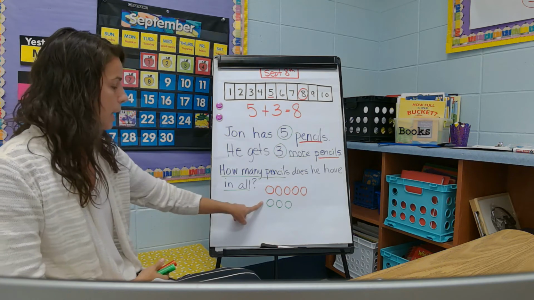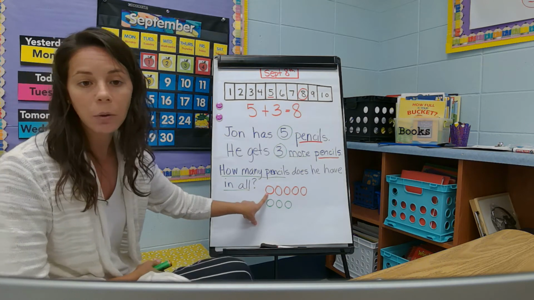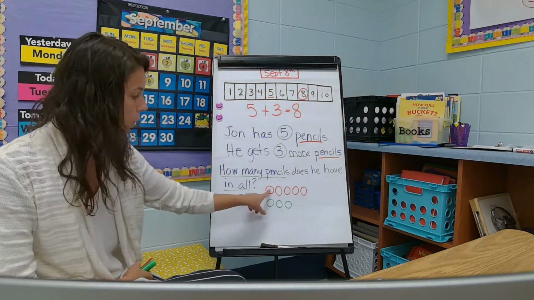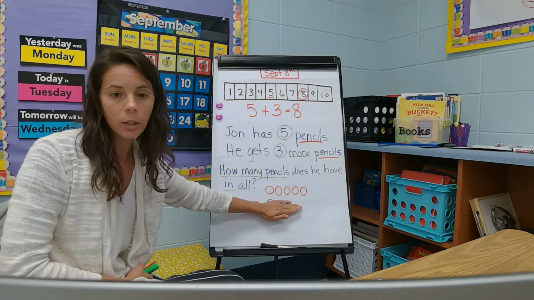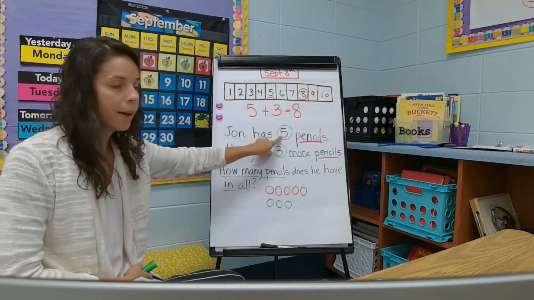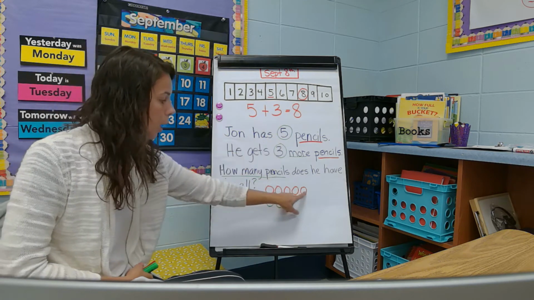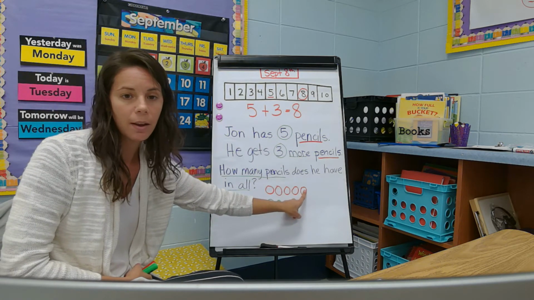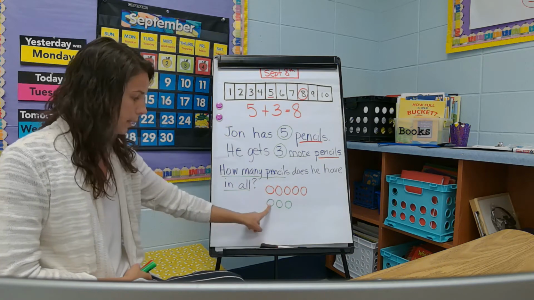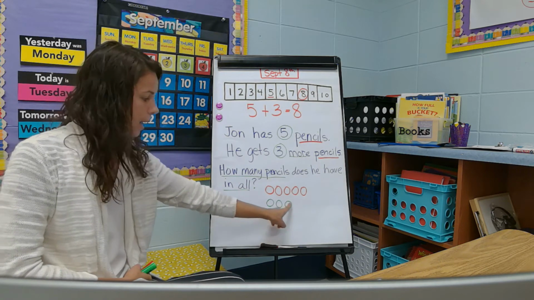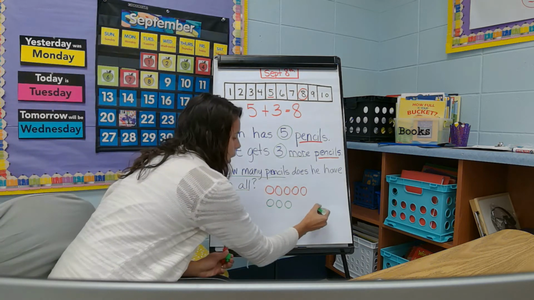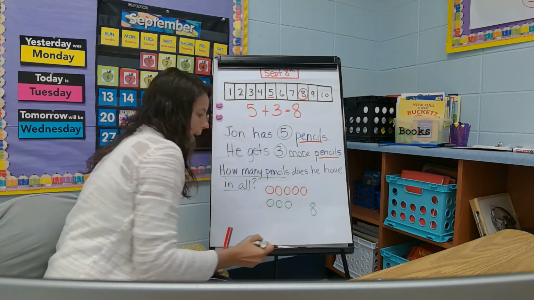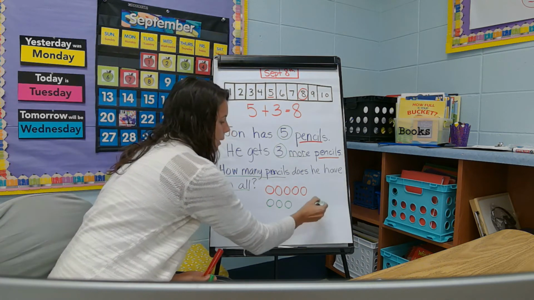All right. Now we can use our counting on strategy. Instead of starting right here and counting, we know we started with 5. So let's start with 5 and count on. 5, 6, 7, 8. Okay, so we drew our picture to show that we also have 8 pencils.